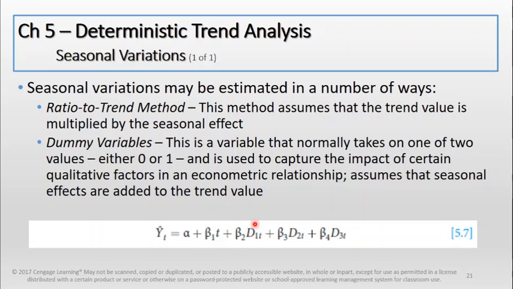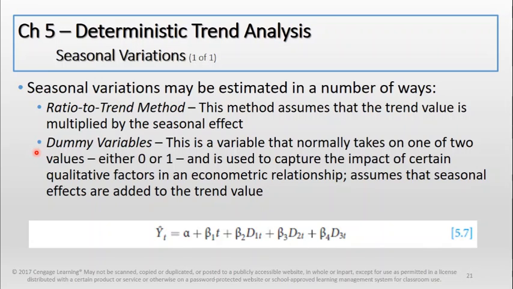Now, seasonal variations may be estimated in a number of ways, either ratio to trend method or through dummy variables. So when we say ratio to trend method, this method assumes that the trend value is multiplied by the seasonal effect. So that is ratio to trend.